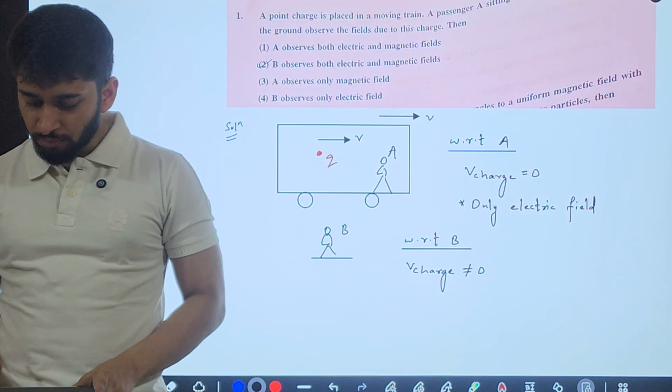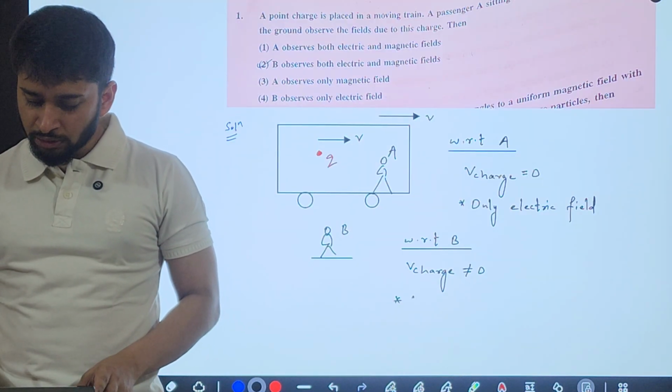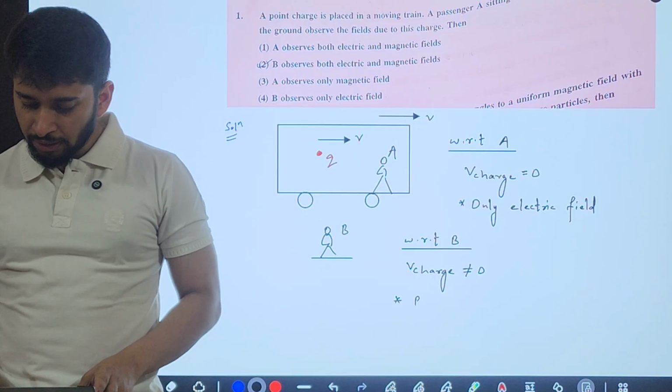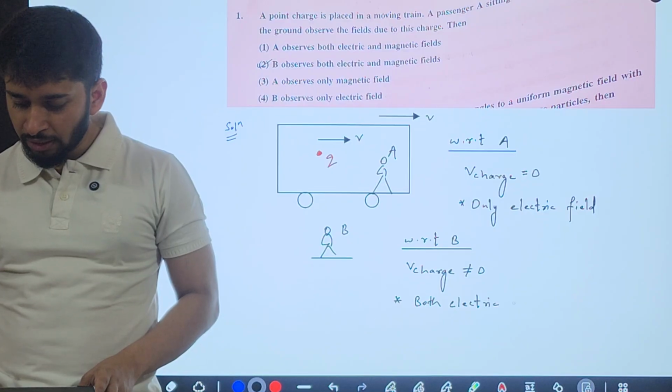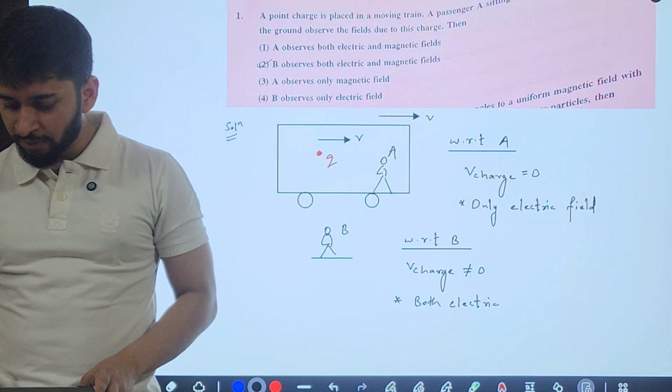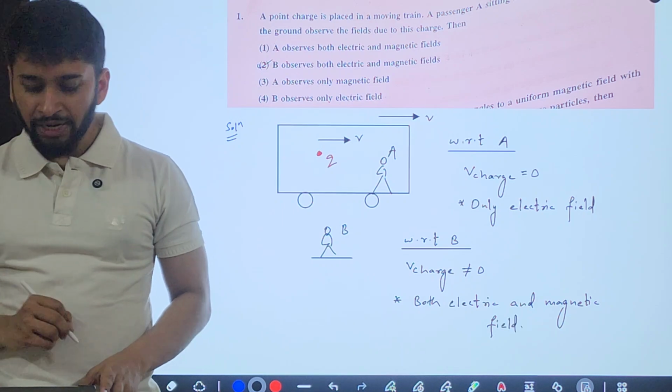Right, fine. So in this case, both electric as well as magnetic field will be there, right? Both electric and magnetic field. Great.